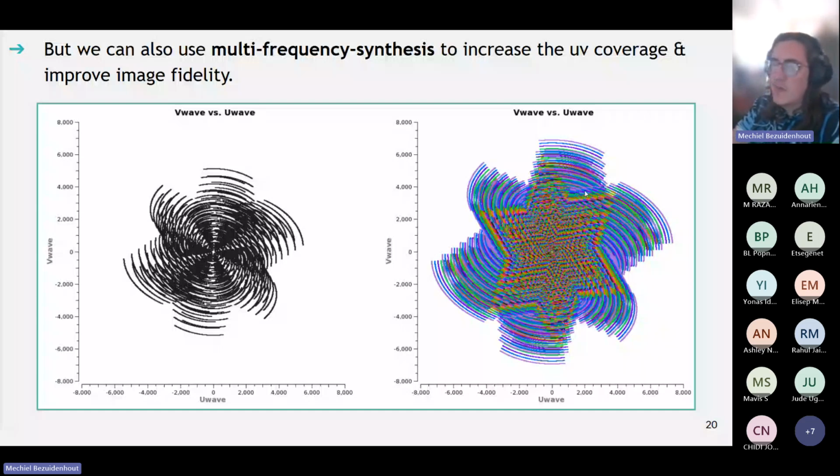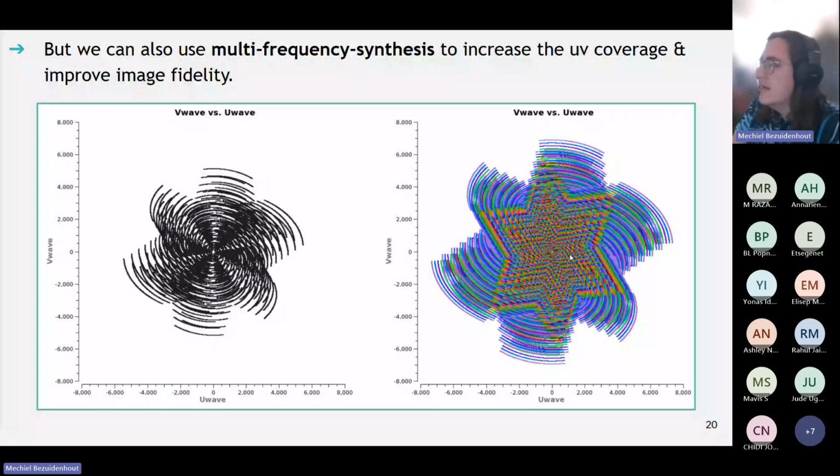And remember, when we define the UV coordinates, we take the projection of the baseline divided by the wavelength, meaning that if you use different wavelengths, different frequencies, they move in the UV space. And that's why you get a greater coverage in the UV plane when you incorporate multiple frequencies.